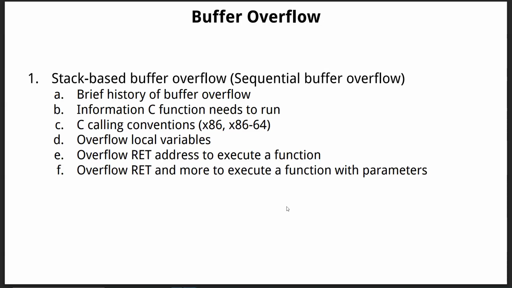That's what we will do next week. Then we will see how we can return to a function and also give the function different parameters at 32-bit. We're not going to do 64-bit next week because it requires a different technique, which we will talk about after the midterm.